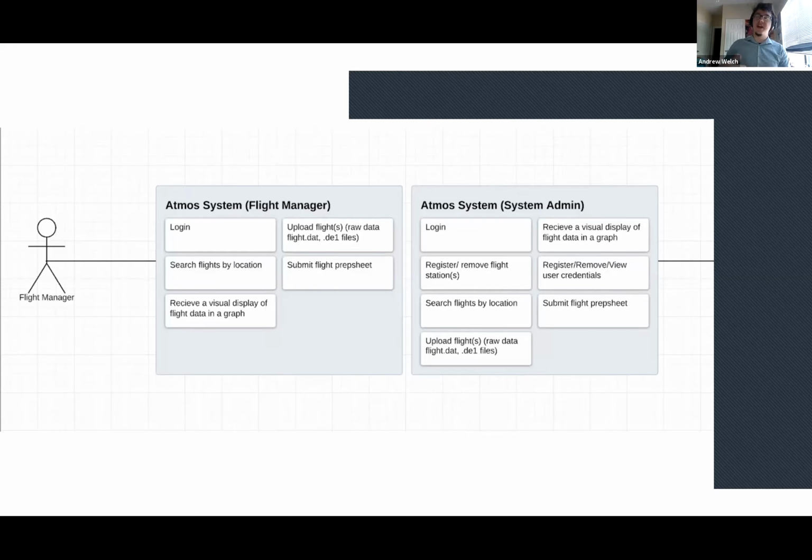Someone higher up the chain in this project can add, okay, we're now collecting in Dallas, we're now collecting in Waco, so that other flight managers can now upload their data to Waco or Dallas. A planned feature is that they could also add or remove flight managers, so that we don't have flight managers registering themselves, or me being a flight manager, stuff like that. So, registering, removing, and viewing user credentials.